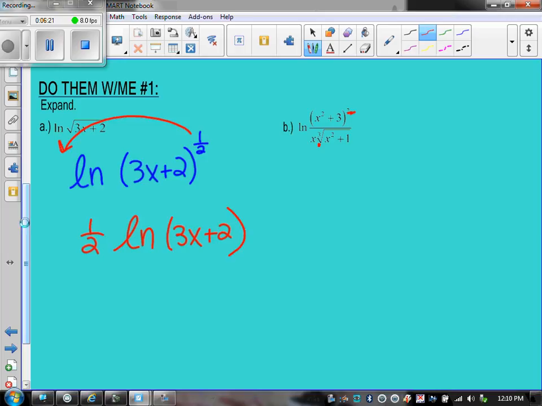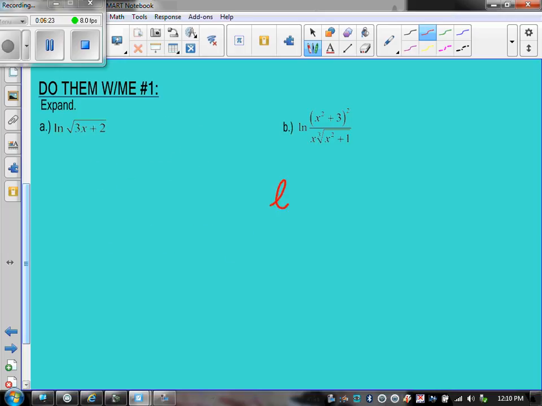Okay? Let's go ahead and take this top piece, and I'm going to do natural log of x squared plus 3 squared. And instead of dividing, when I expand it, can I expand it into a subtraction problem? Right? And then I'm dividing a whole bunch of stuff, so I'm going to put a big old bracket here and put all the stuff that I'm dividing by.